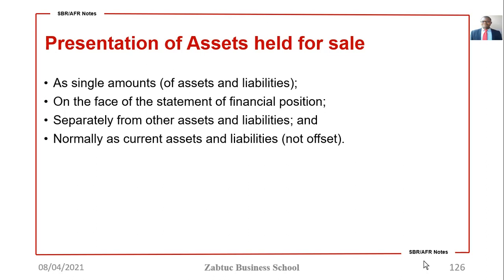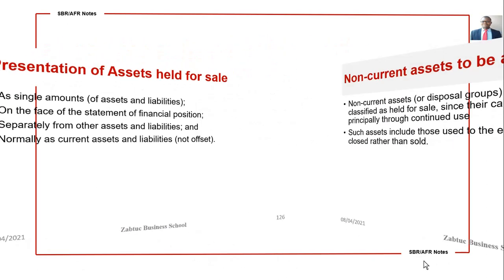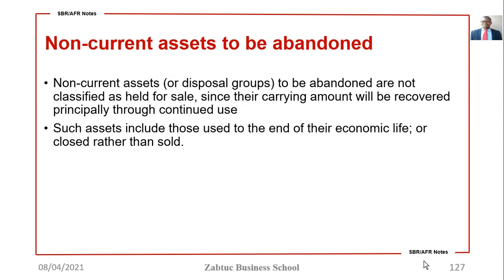It should be separated from non-current assets, because now the asset is to be recovered via a sale. So all your non-current assets held for sale should be treated as current assets, and offsetting is prohibited.